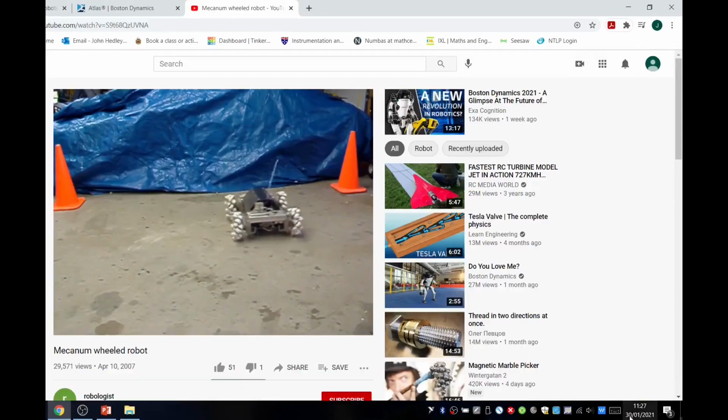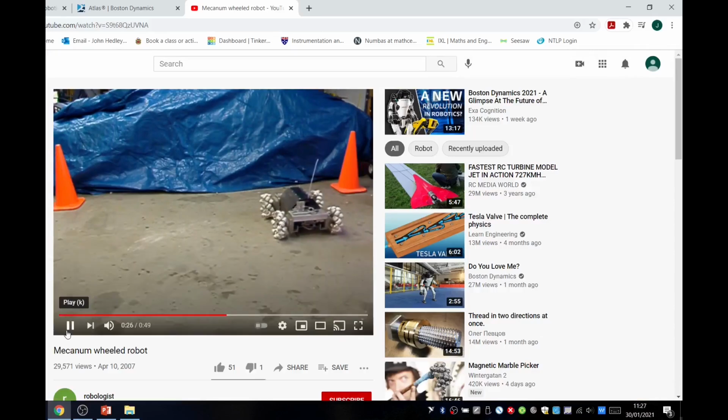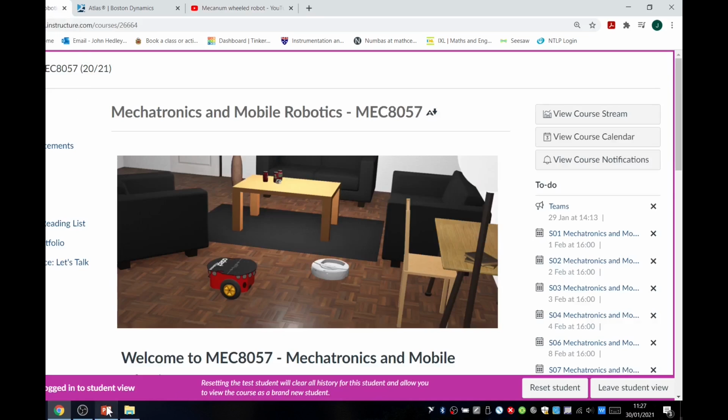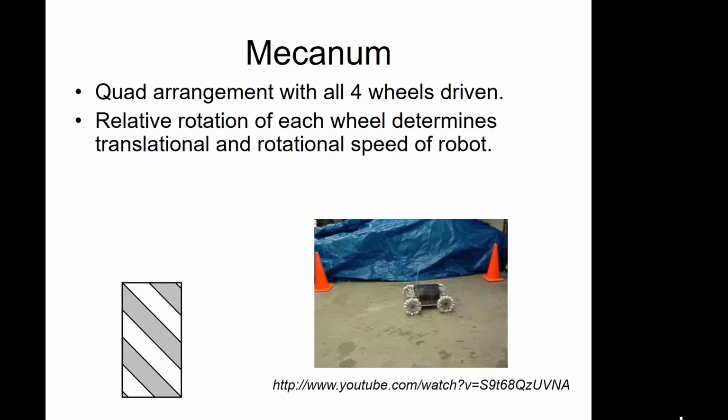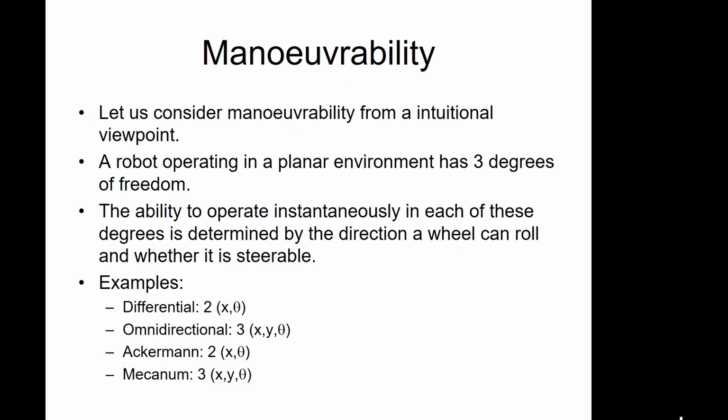Okay, so the wheel type does give you a lot of flexibility in the maneuvering ability. So in terms of maneuverability, it is defined as how many degrees of freedom the robot can instantly access.